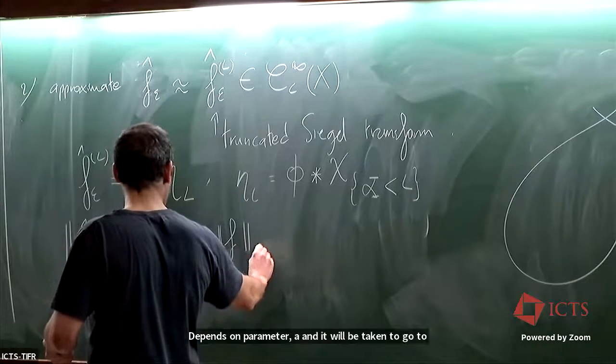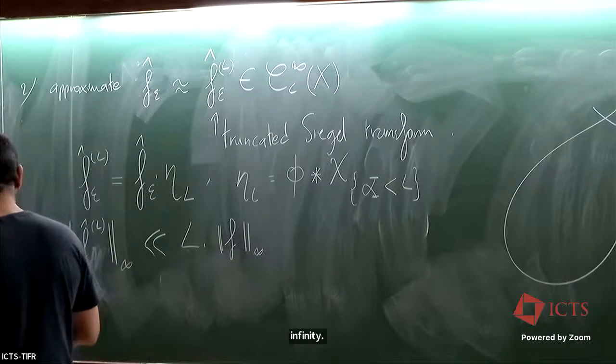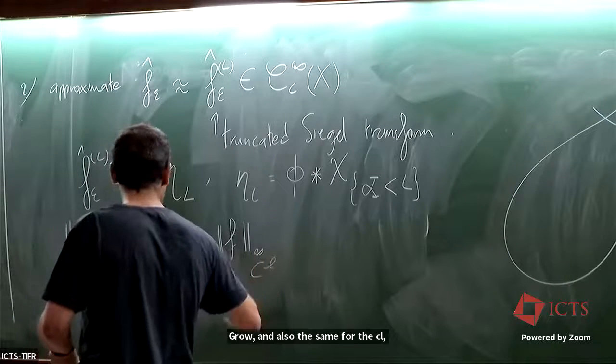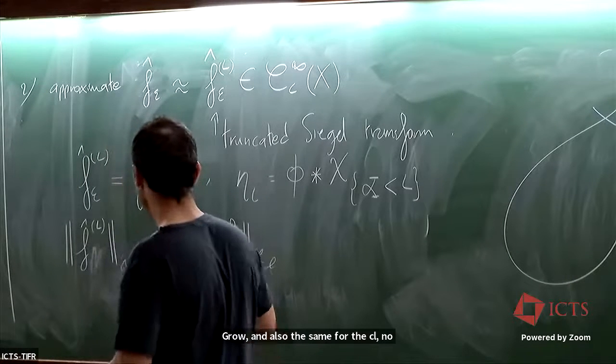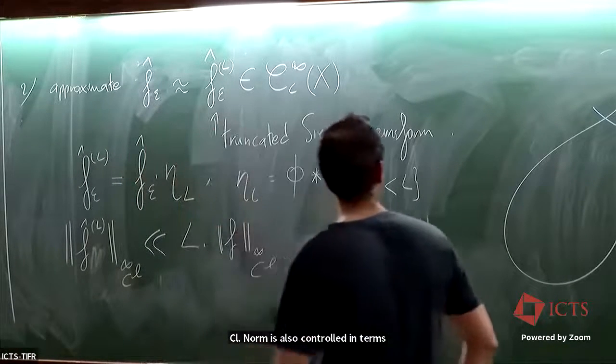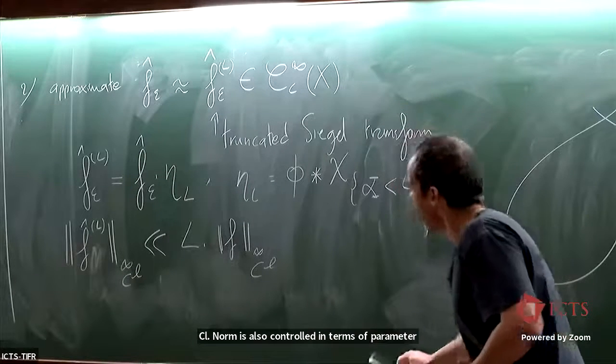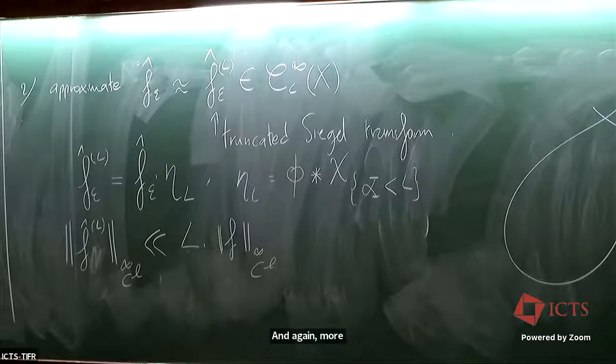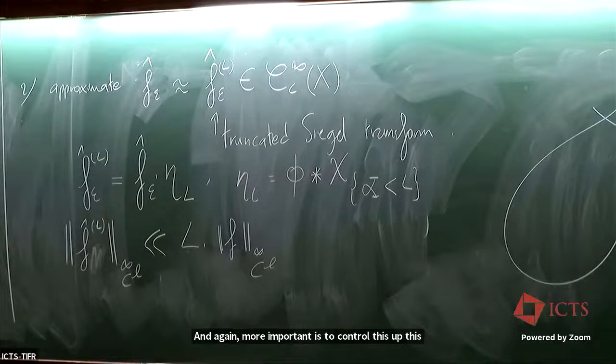And also the same for the C^L norm, which is also controlled in terms of parameter L. And again, more important is to control this approximation on these translated K orbits.